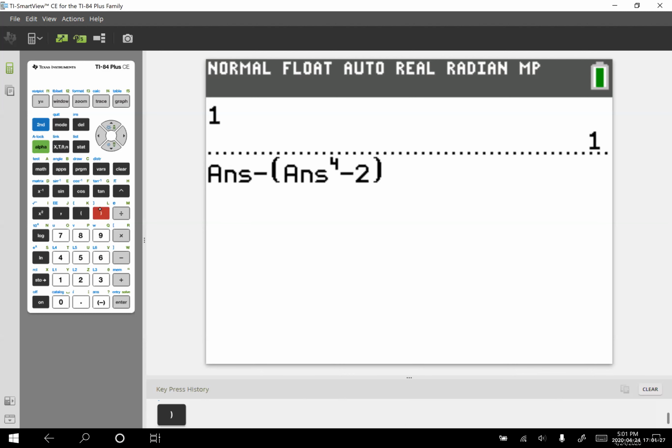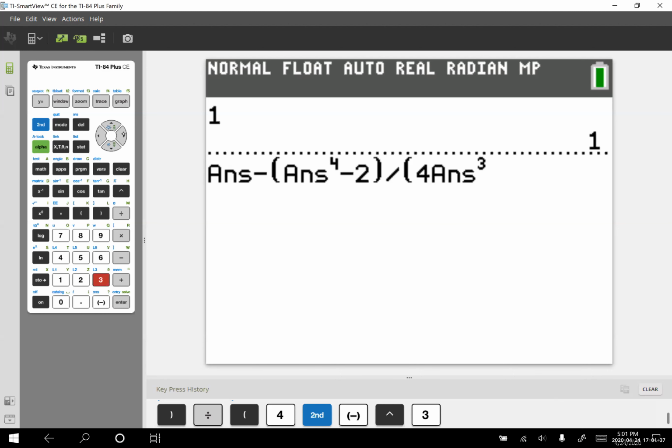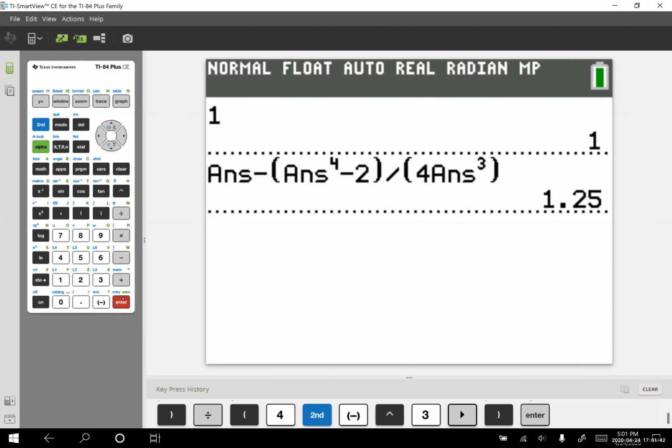Okay, so there's our numerator. And then for the denominator, it's 4 times xn, so your answer cubed. Okay. And so we hit enter, and look, we got 1.25. So this matches up with what we did by hand. That's a good sign. All right, so that's x sub 1.